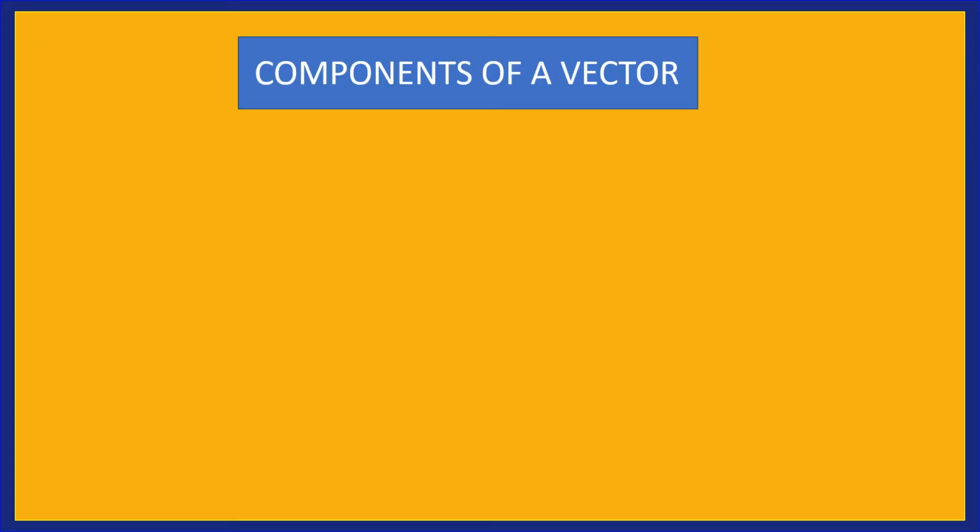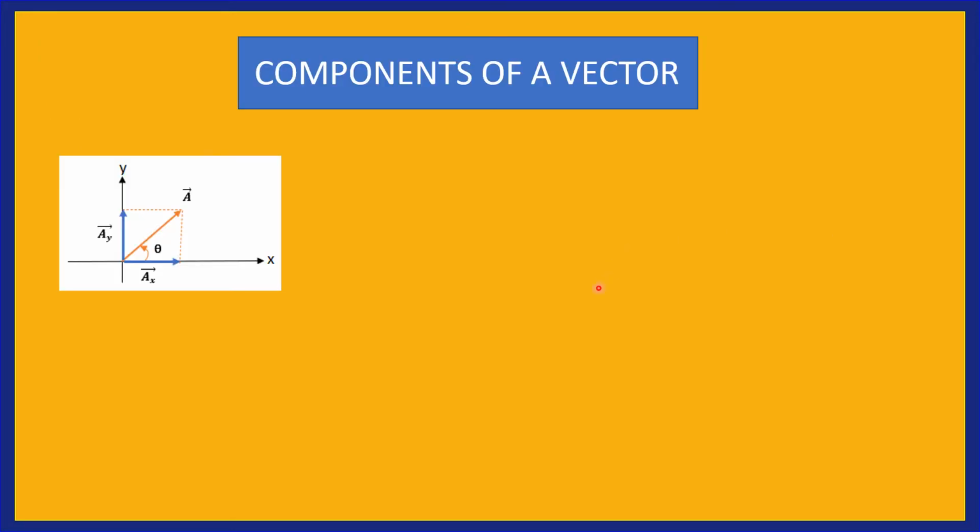Components of a vector. If I have, for example, a vector A, and vector A lies in the first quadrant, this vector has two component vectors. They are A_x, with an arrow on top, and A_y also with an arrow on top.